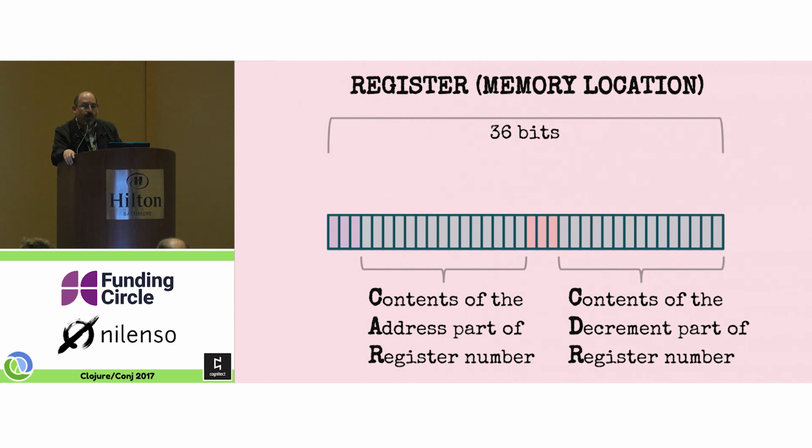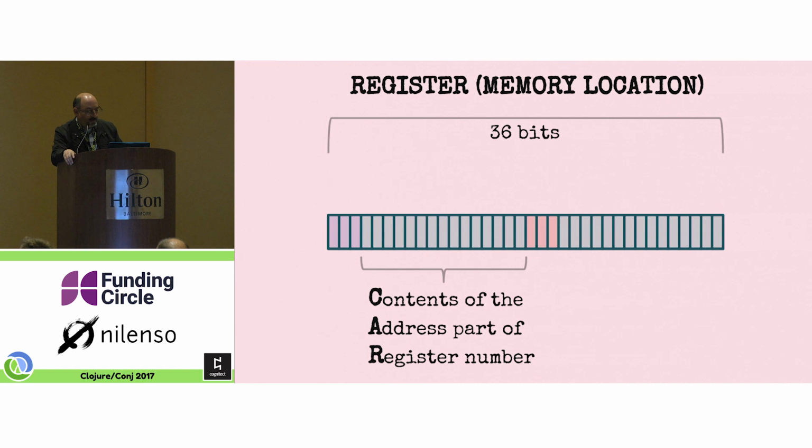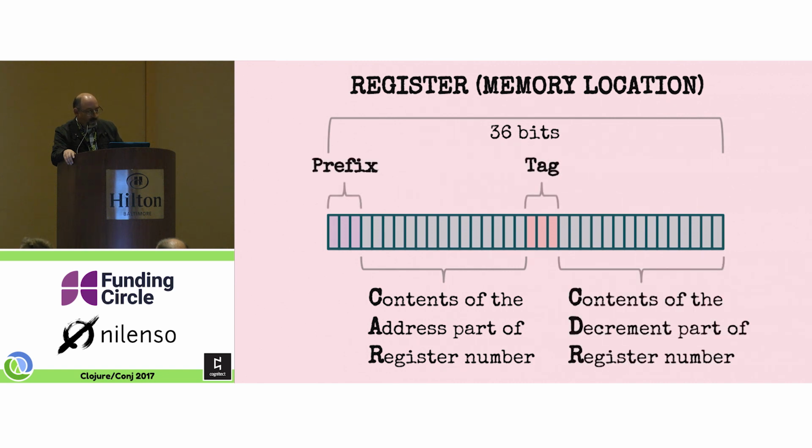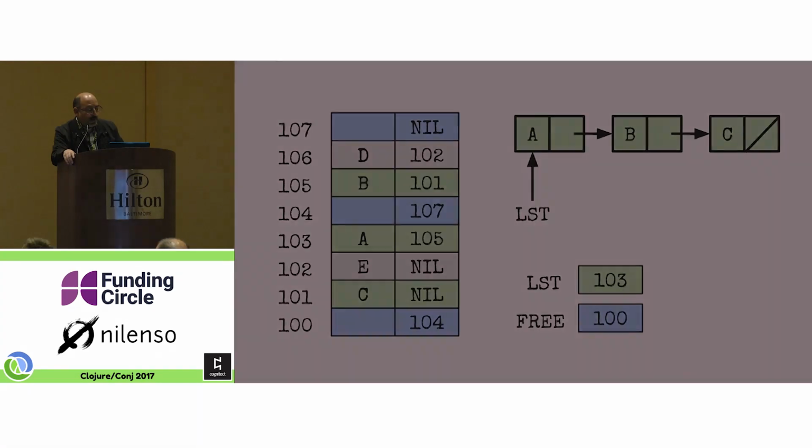Remember, the address and the decrement were actually not registers. They were just a part of our words in memory. And we also had 3 other bits for the prefix and tag that were used for some other complicated operations to index our memory.